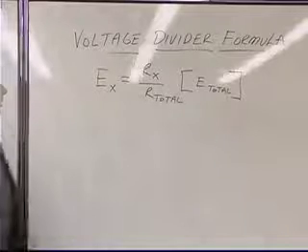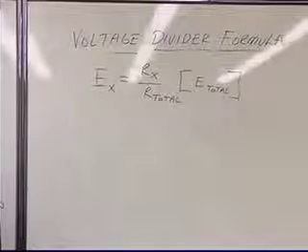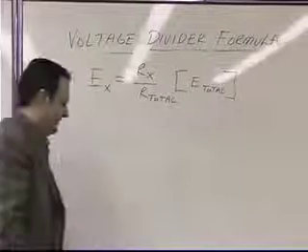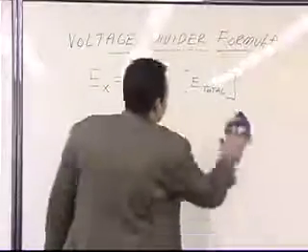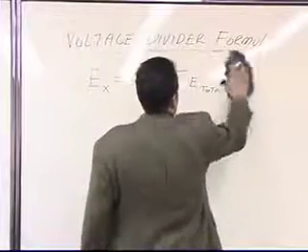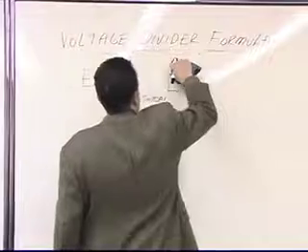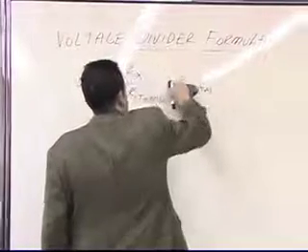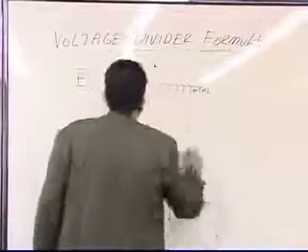Actually, the parentheses go around the RX and R total. Okay. It doesn't matter really which way you do it, but we'll do it the book's way. Thank you for that clarification.